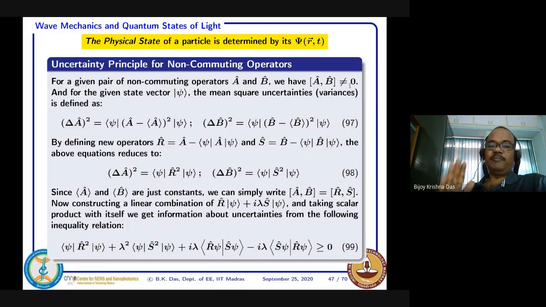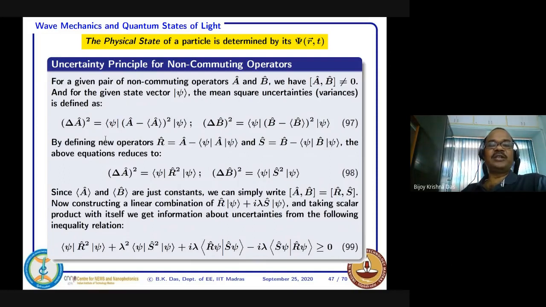So if this is the situation for a pair of operators, and you have a given state vector psi, now we know the mean square uncertainties, or variances, whenever you are measuring with a state vector psi with a measurand or operator A. We have defined the variance earlier in integration form.